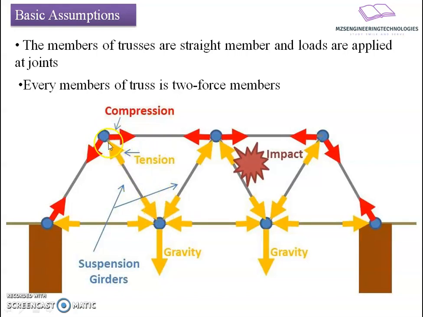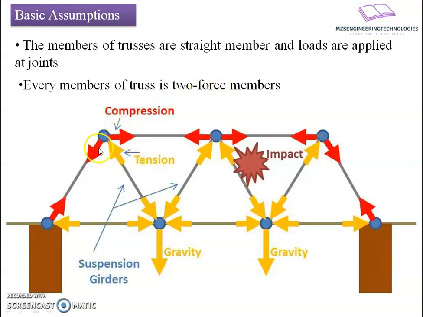Only the forces which are transferred in the member will be the forces transferred at the geometric centroid, and that is why they will be classified as axial pull or axial push, axial compression or axial tension. That's why every member of the truss is assumed to be carrying only two forces.